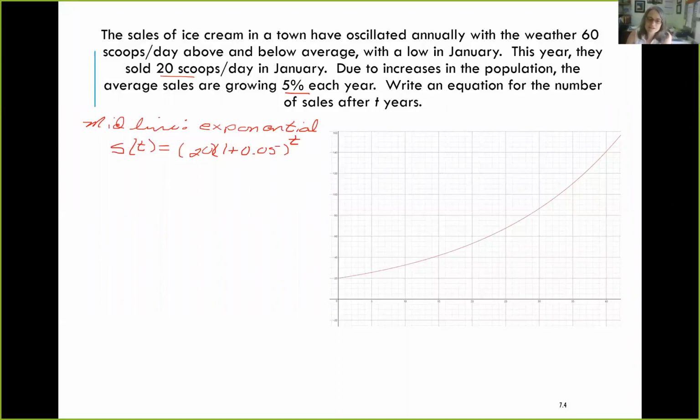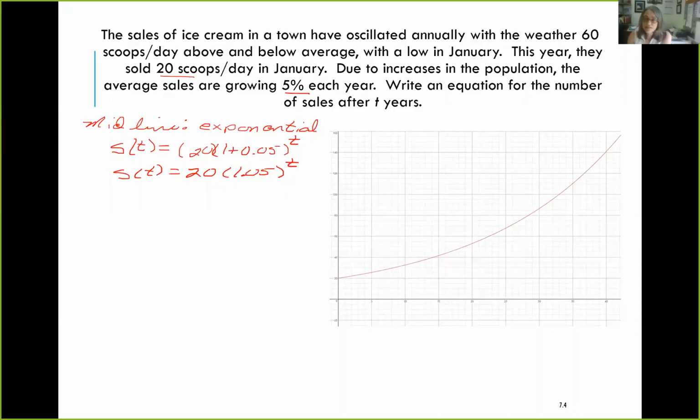So our midline function is given by 20 times 1.05 to the t power. All right. But that doesn't count our bumps, our jumps, right? That's just our midline. We want to get to the oscillations that go around this thing because we want to know highs and lows.